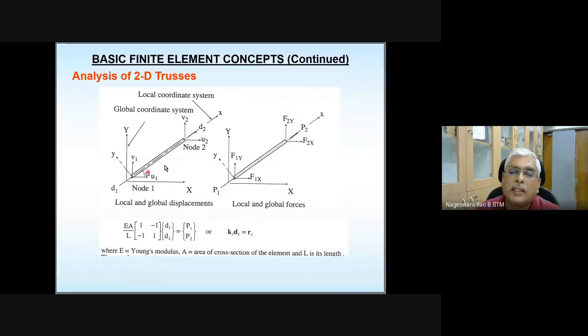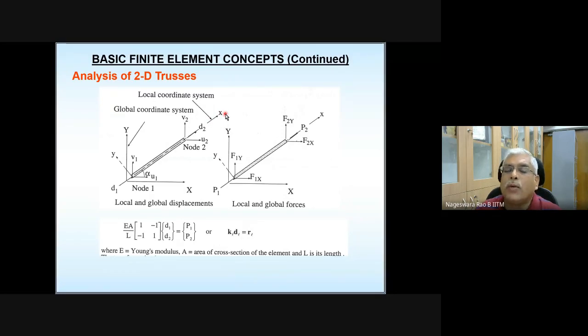Please note that this local x-axis is shown pointing in this direction. If you number this as node 1 and this as node 2, the bar element goes from node 1 to node 2, so the direction of the local x-axis is as shown.